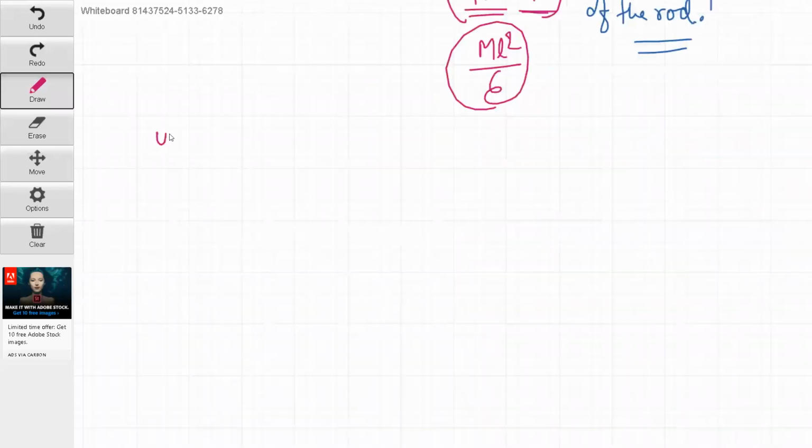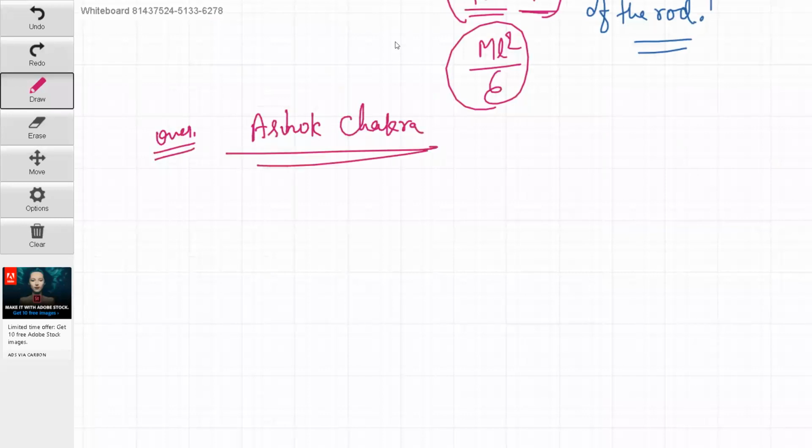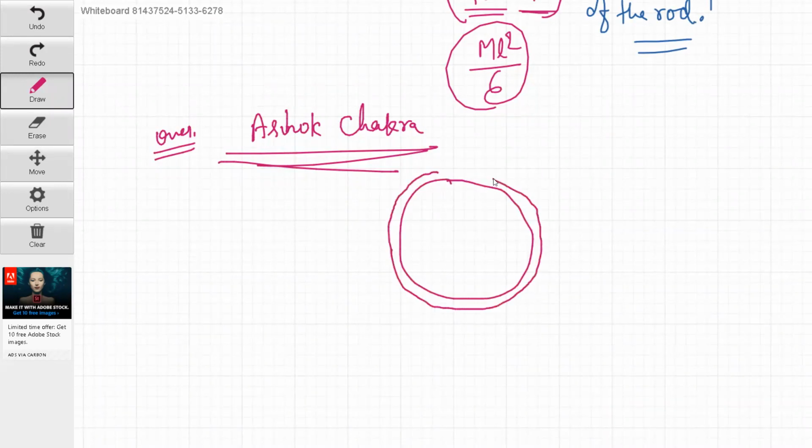So now, have you heard the name of Ashok Chakra? Ashok Chakra is our national symbol, isn't it? This is just like this shape, and it has some spokes.